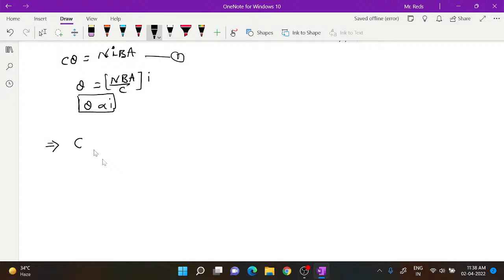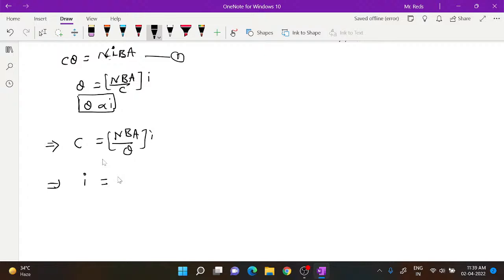Otherwise, C is equal to NBA by theta into I. Or if you write I from this, equation 1 can be expressed this way or this way.